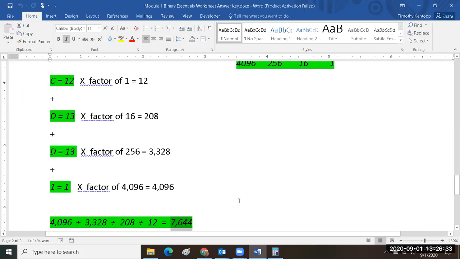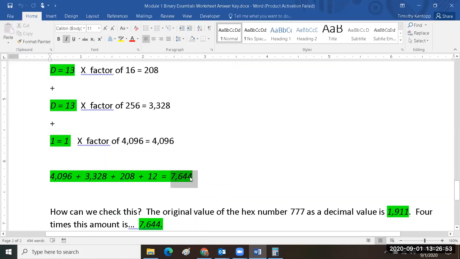The question is, if I cut that to a quarter, is that going to equal the decimal value? Is 1/4 going to equal the hexadecimal value of 777? So let's try that in our calculator. I'm going to insert 7,644.